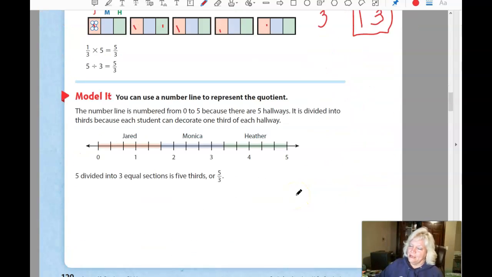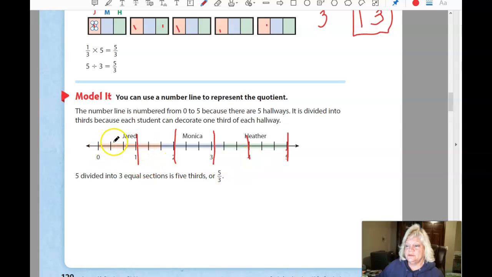Then we can do the number line. You know, the dreaded number line. You can use a number line to represent the quotient. The total thing that we have to do here is 5 hallways. That's why we went all the way down here to 5. So there's 1 hallway, 2 hallways, 3 hallways, 4 hallways.